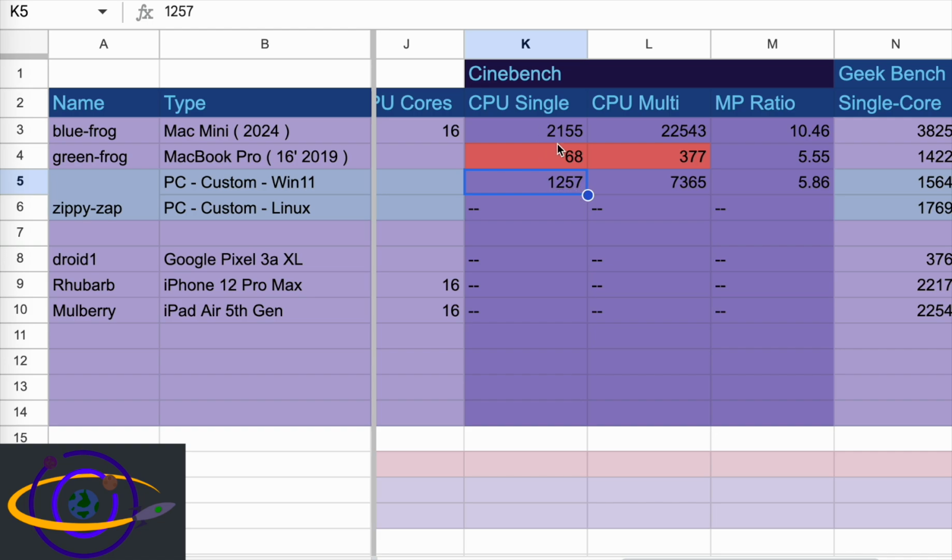Now, this one is about half of the Mac Mini's power, according to Cinebench. But this guy here should at least be on par with this i7. These are both i7s, so they should both be pretty close, and they're not. Like, this is an absurdly small number. So something's wrong with it.